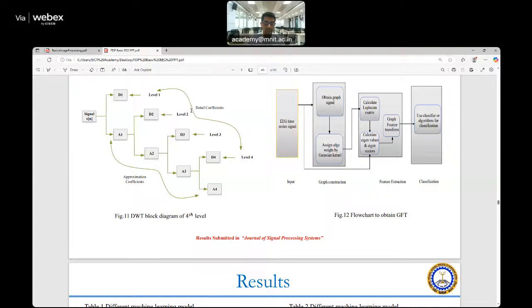Detail coefficients have the advantage of calculating the minute detail or any sharp detail, while approximation coefficients generate the overall picture.